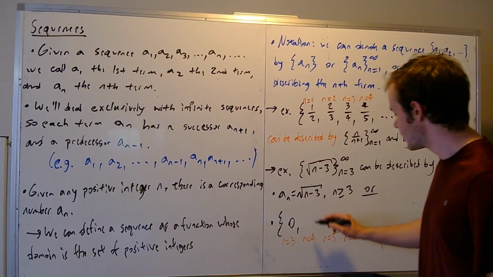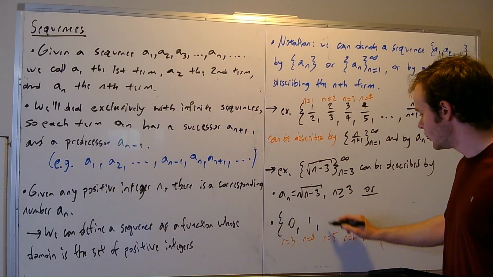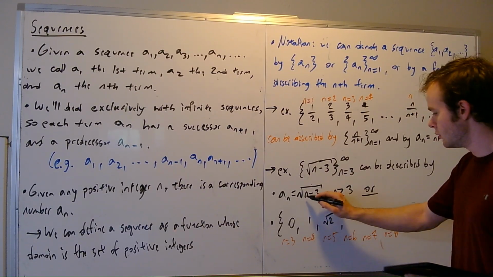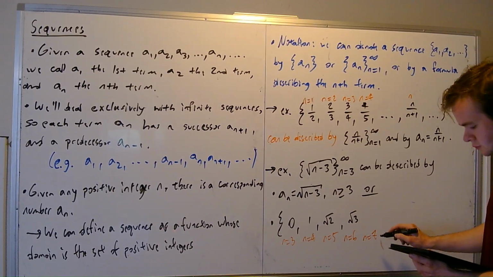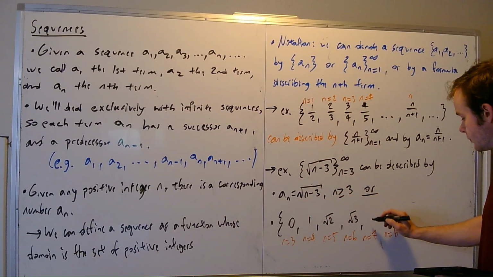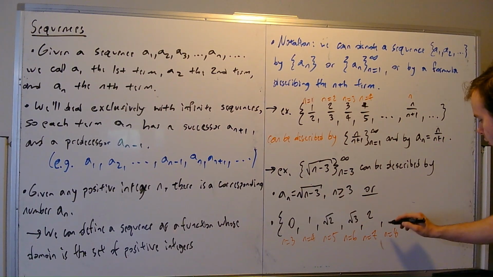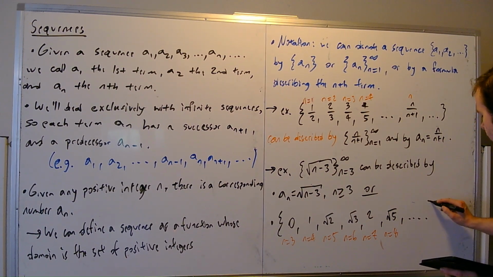which is 0. If n is equal to 4, you get the square root of 1, which is 1. If n is equal to 5, you get root 2. If n is equal to 6, you plug it in here, you get root 3. If n is equal to 7, you plug that in here, square root of 4, that's 2. If n is equal to 8, you get the square root of 5, and so on.